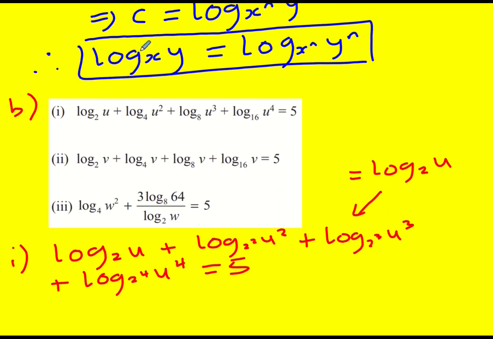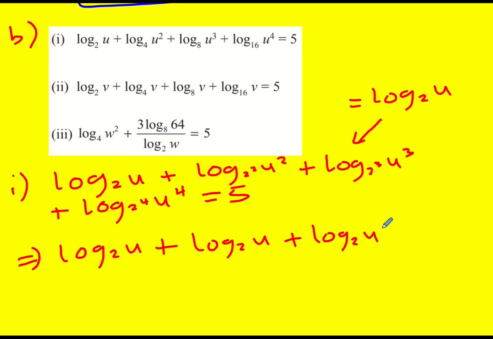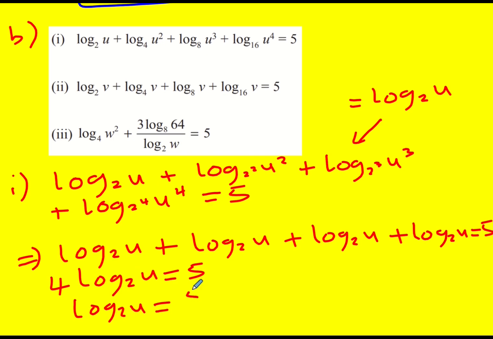We can just get rid of the n and have it by itself. So it's going to be log to base 2 of u plus log to base 2 of u plus log to base 2 of u plus log to base 2 of u is equal to 5. Or 4 log to base 2 of u is equal to 5. And therefore u is going to equal 2 to the power of 5 over 4.